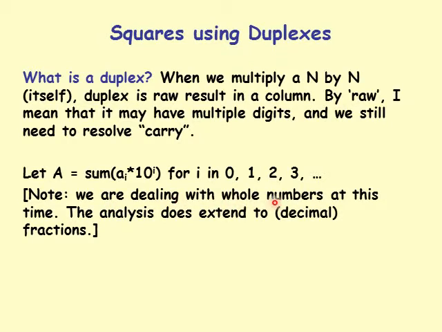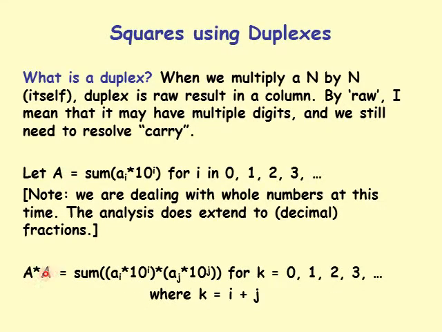Note that we are dealing with whole numbers at this time, and the analysis does extend to decimal fractions. So 0 is the lowest index or exponent of the base number 10. That tells me that this number a is a whole number.